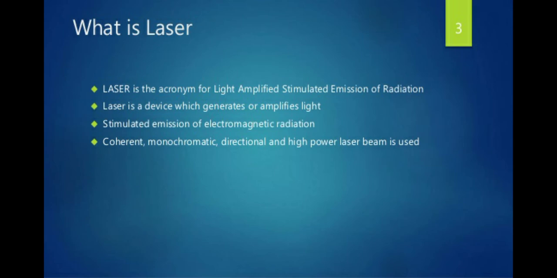Maybe the gas laser may have a different color, the solid may have a different color, and the liquid may have a different color, but for the process you will be using only one material, one medium. That medium will always be monochromatic.